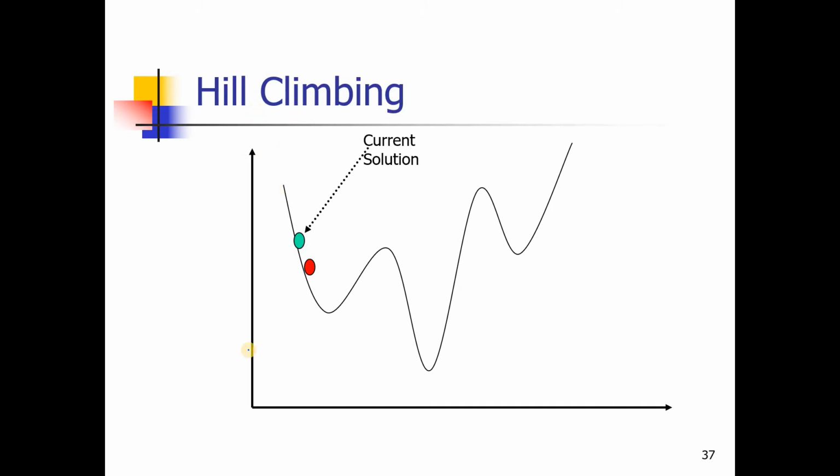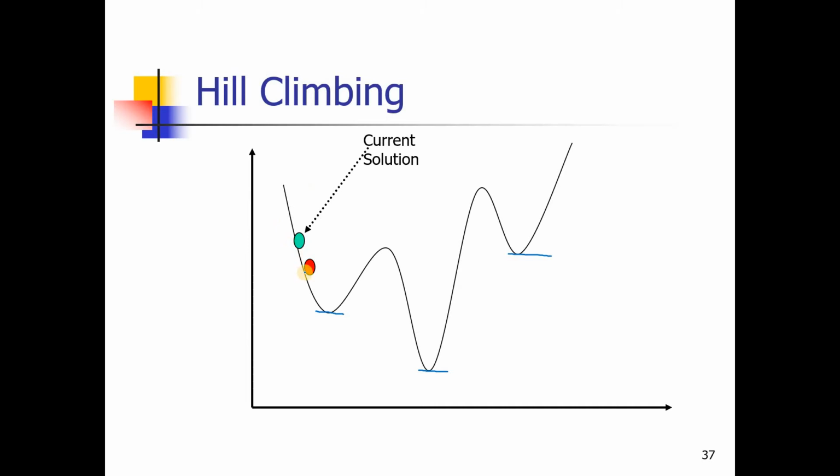In this approach, for now, we want to minimize. That's why you see the value of the current node is decreasing. So we want to go to the minimum. Ideally, the best we can do is reach the global minimum. But there are two other local minimums that are possible.